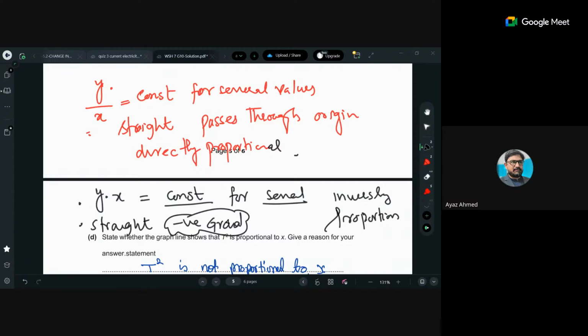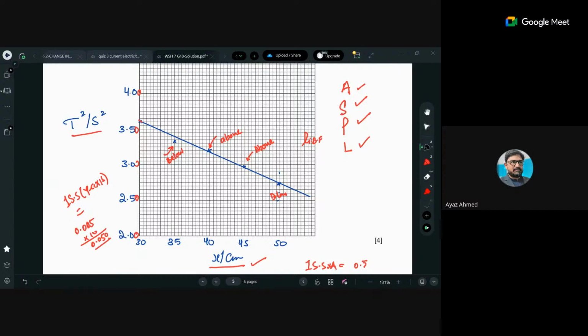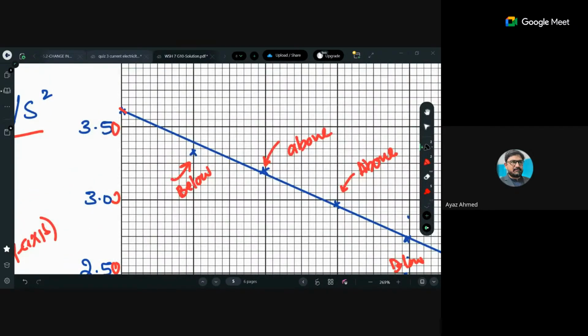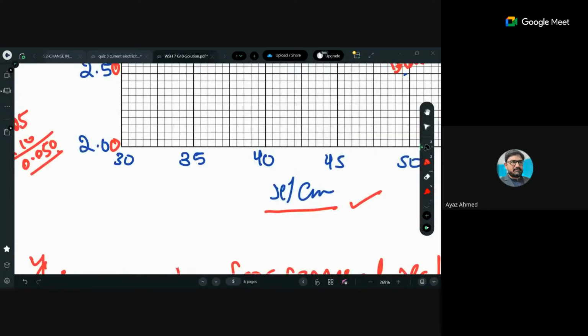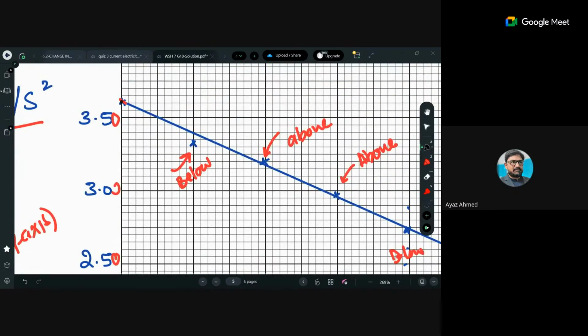So you can simply say that the line of best fit is straight but not passing through origin with negative gradient. So it is not proportional to each other. For that check, I can take several values. For example, for 30, into what is the value of this point?